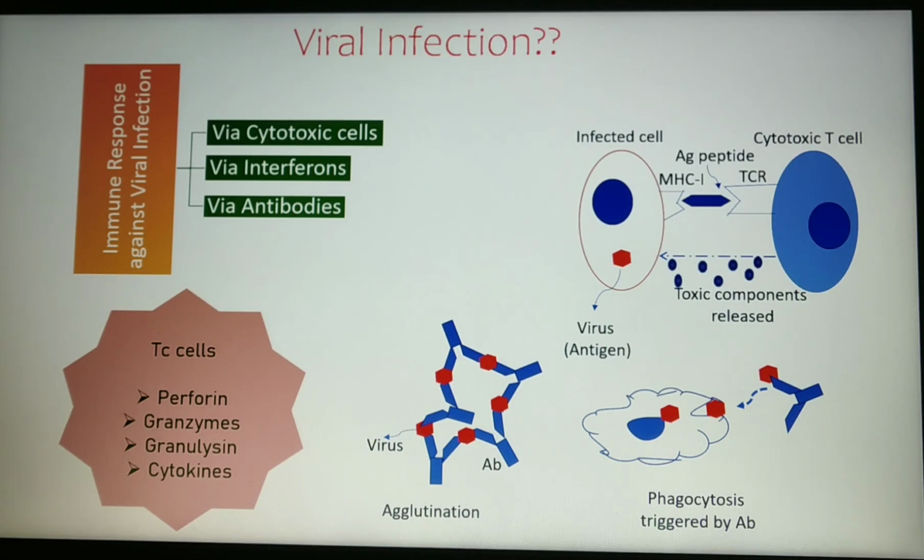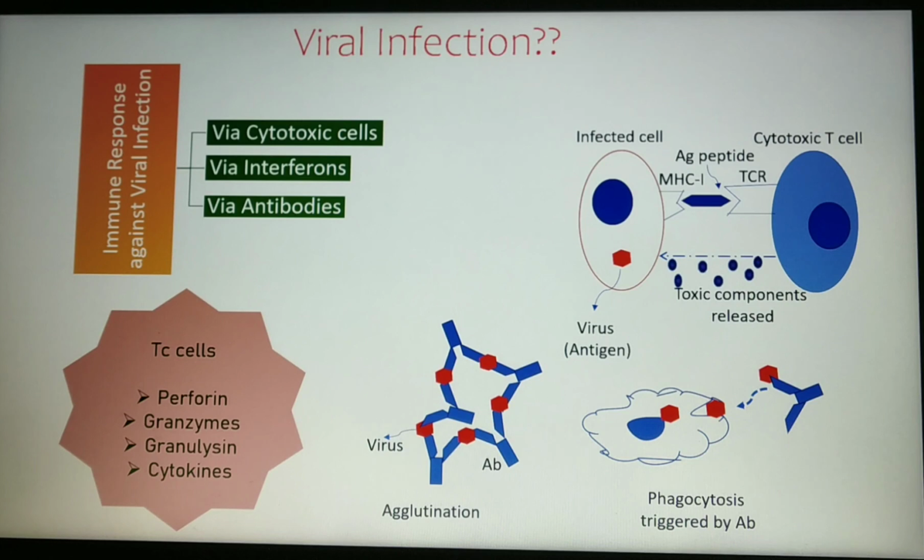The toxic components such as perforin, granzyme, granulysin, cytokines, etc. are released from the cytotoxic T cells. Perforin will make holes inside the infected cell, then granzyme will enter there and it will lead to programmed cell death or apoptosis of the infected cell.